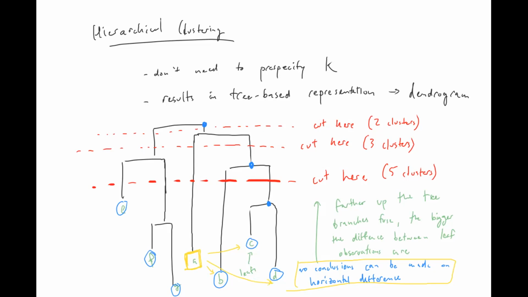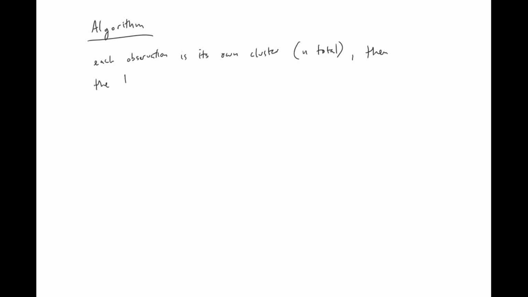Okay, so let's talk about how this algorithm works. Each observation is its own cluster. So you have a total of n clusters equal to the n number of data points. Then the two most similar are fused.